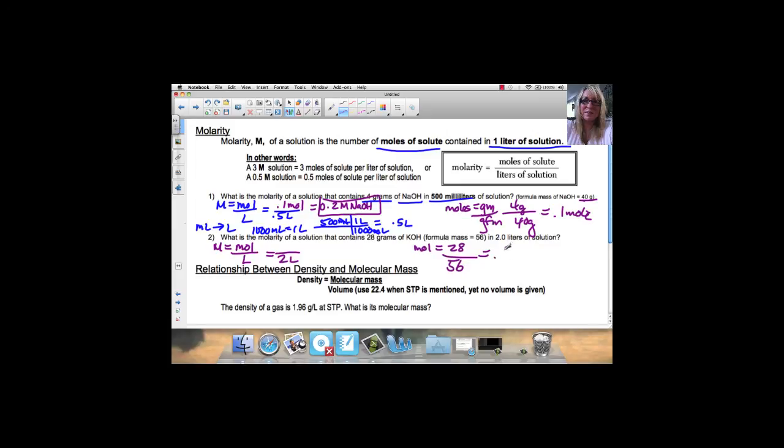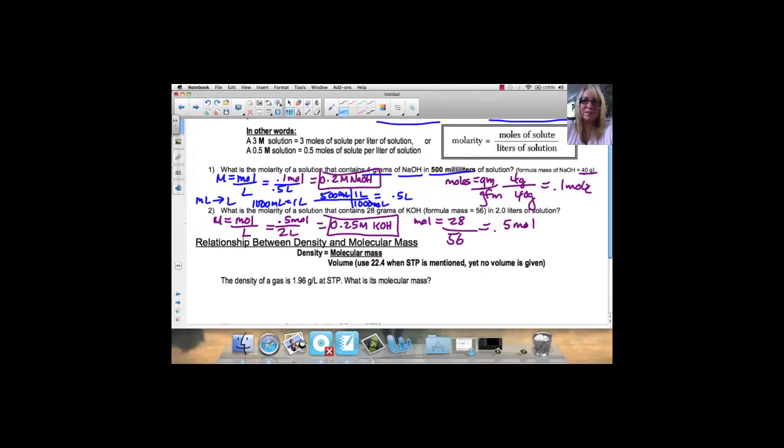So this is going to be 0.5 moles. It's 1/2. So I can take my answer, 0.5 moles divided by 2 is going to give me 0.25 molar KOH, and that's my answer.